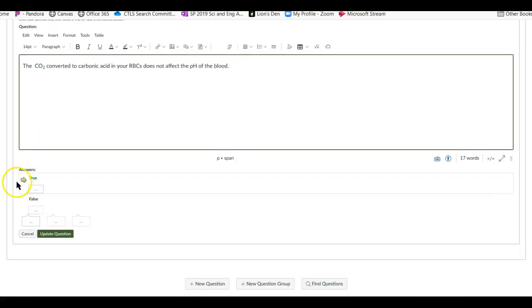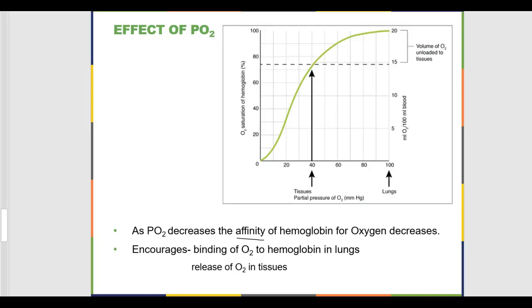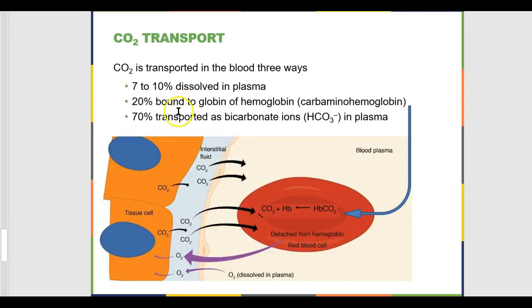True. So let's go back and talk about those, which is here. So the first one is just right here. 7 to 10% is dissolved in the plasma, so that's just CO2 in the plasma. 20% is bound to hemoglobin, that's this stuff right here. That's your 20%. And then 70% is transported as bicarbonate in the plasma.